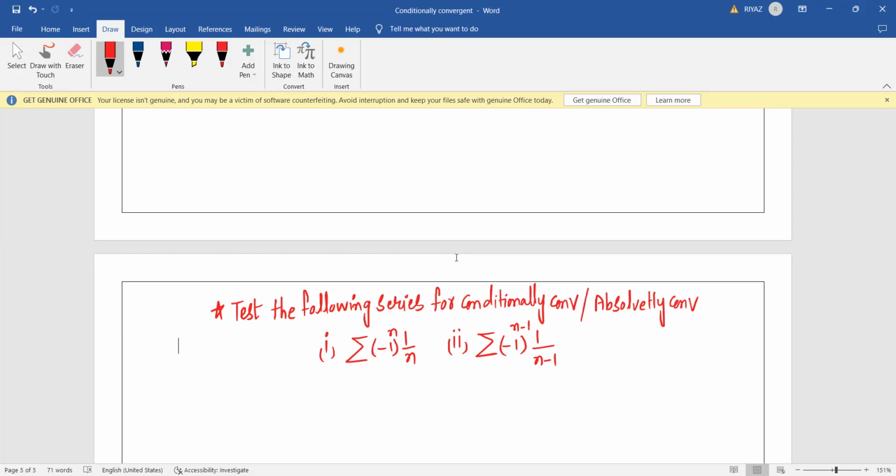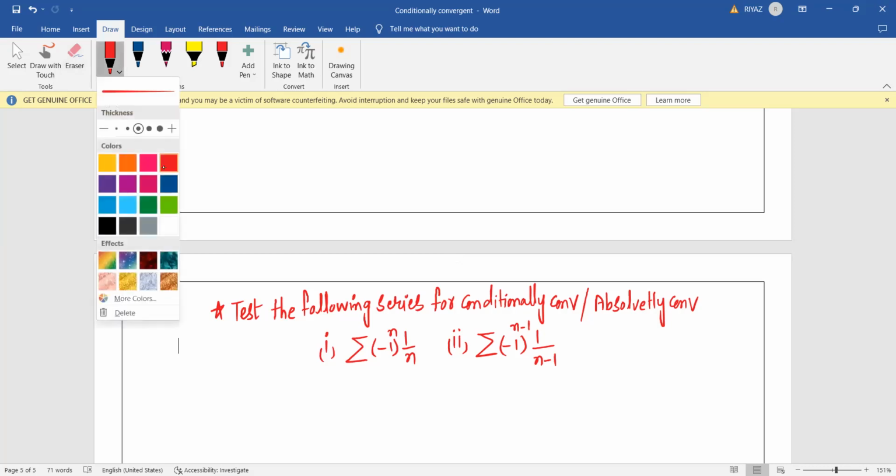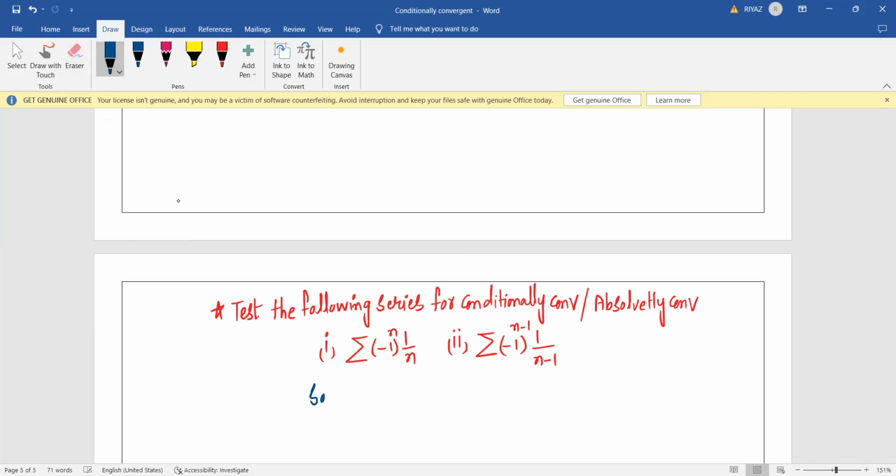Okay, see here, the solution. Summation (-1)^n times 1 by n.